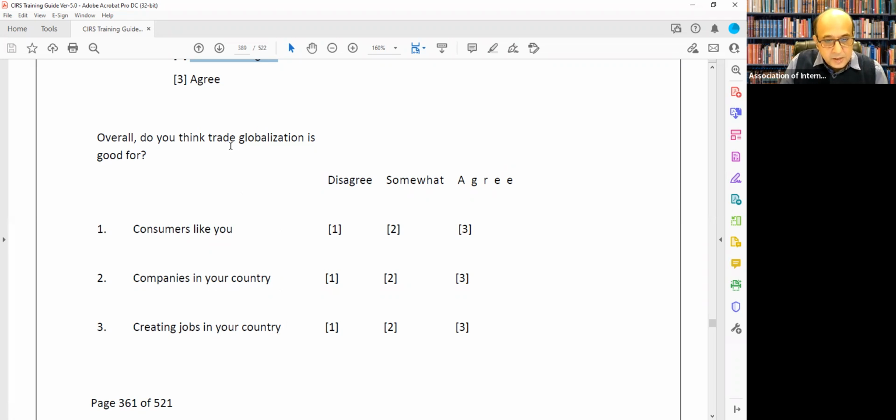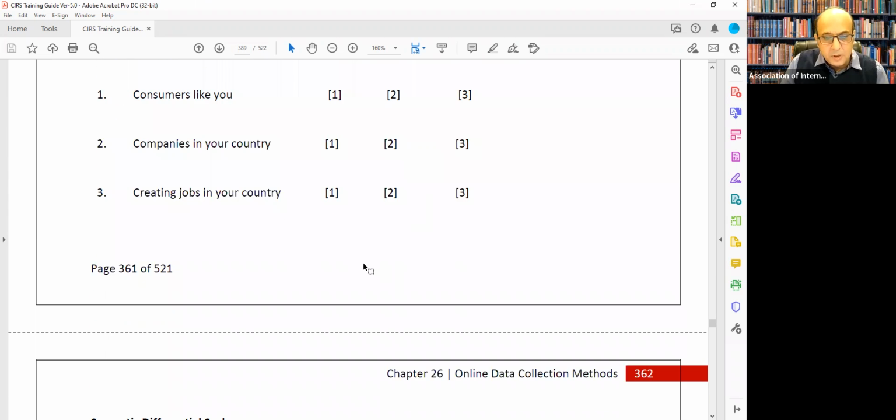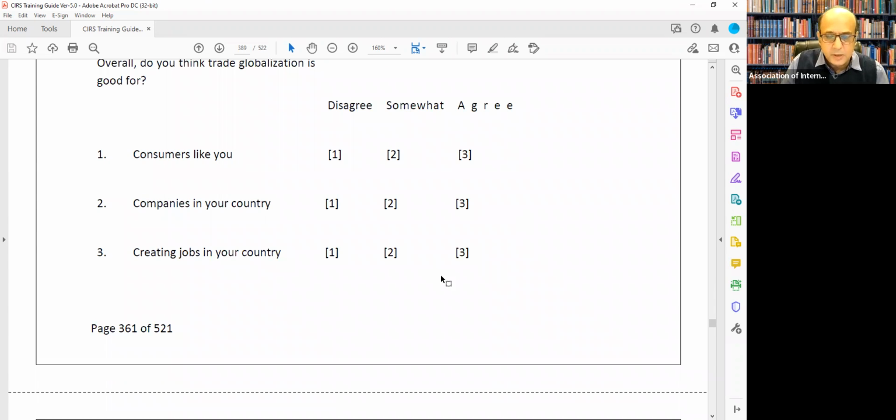So as far as answering these questions, this might be evaluated based on a Likert scale. This is another way of presenting a Likert scale. This is for you to use as a reference when you're preparing your surveys.